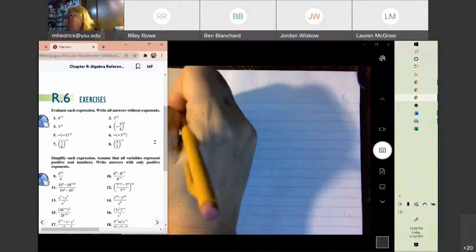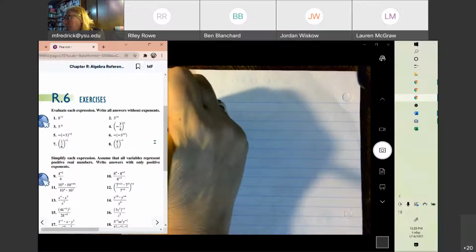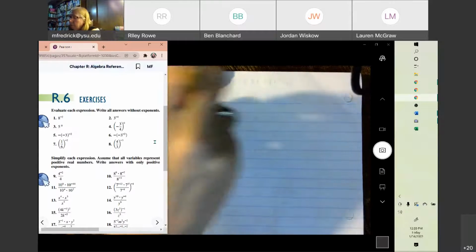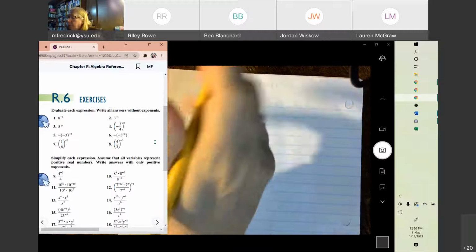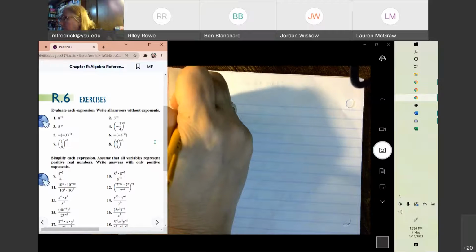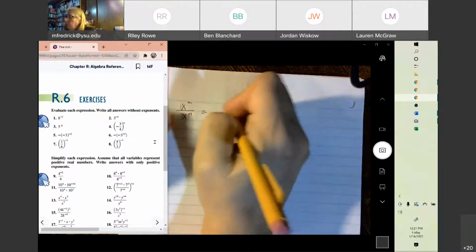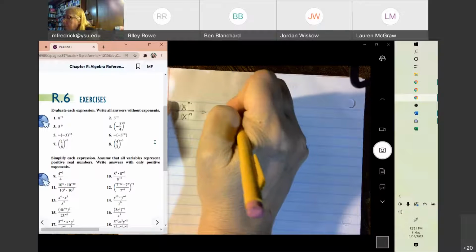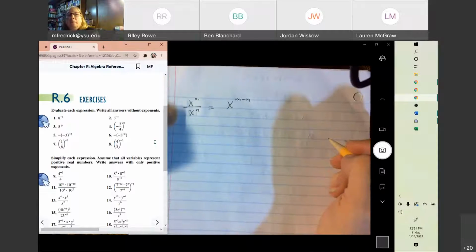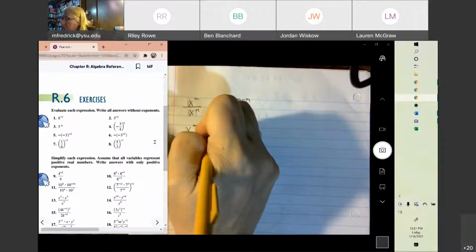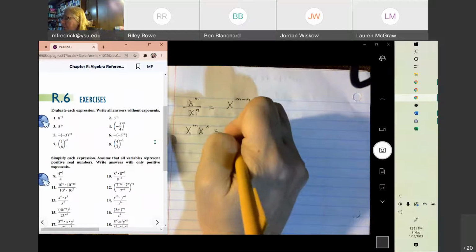What you want to remember is when you are dividing with the same base, well, we did the division one, but then you subtract top minus bottom. When you multiply, you add them.